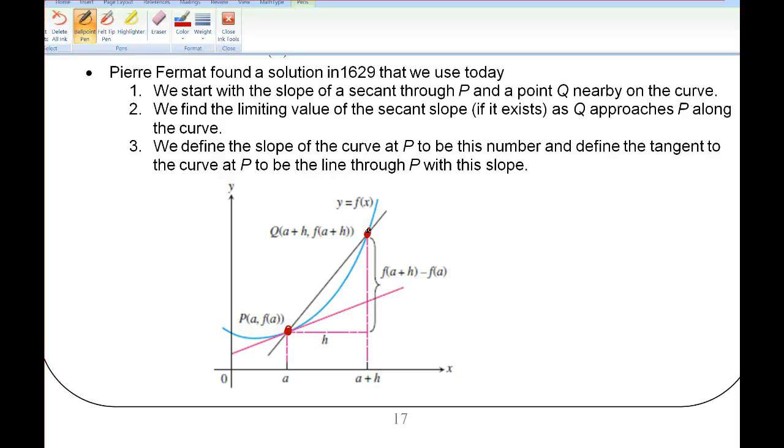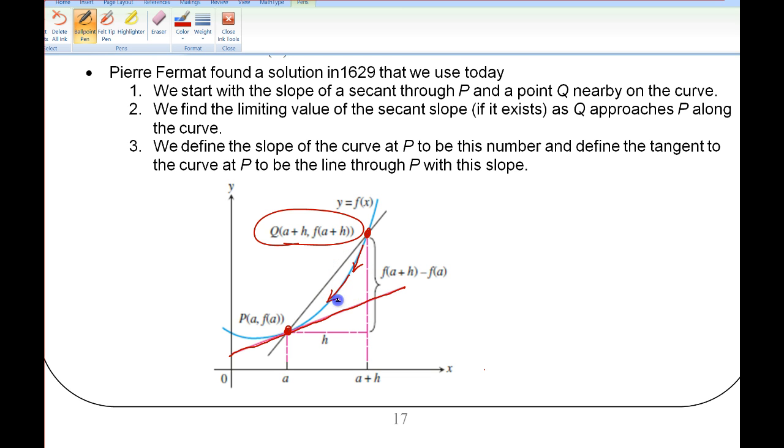Imagine if we moved Q closer and closer to point P. Do you see this pink line here? That's the tangent.